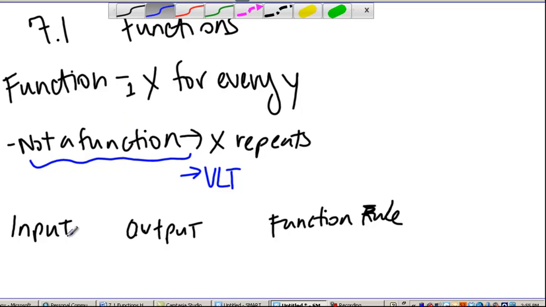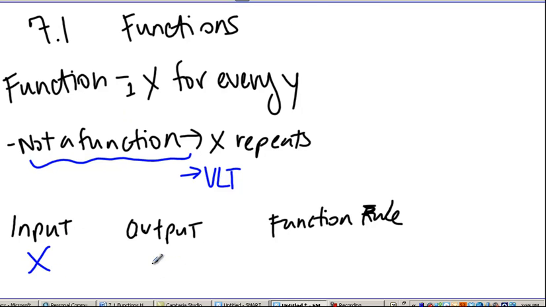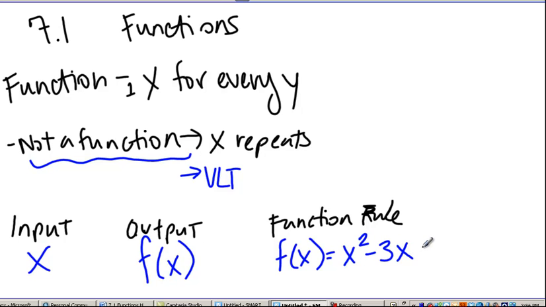The input is the x value, hence you're inputting that into the function. The output is the f of x, and then your function rule would be f of x equals x squared minus 3x plus 5. It could be anything. It could be f of x equals 2/3 x plus 2, whatever.